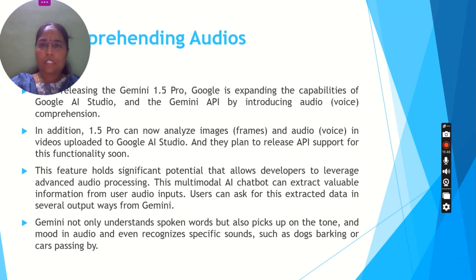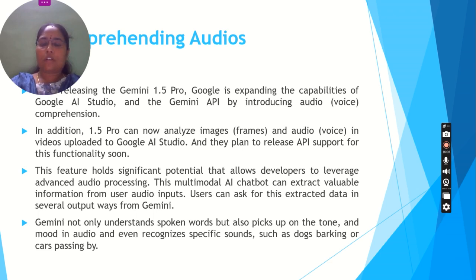So the next one is comprehending audios. As I said, I have given the individual slides. 1.5 Pro also has some APIs written for analyzing these kinds of images, audio and other functionalities.